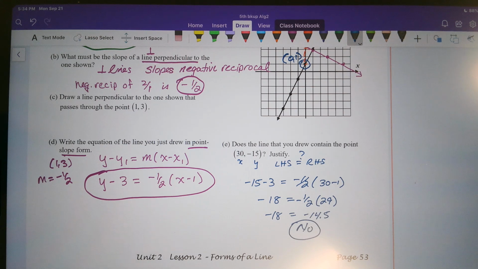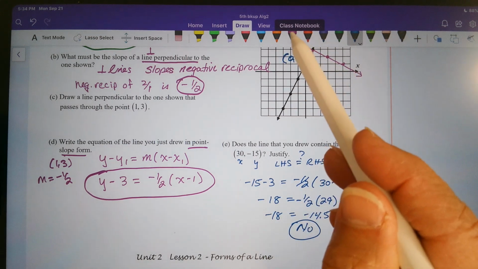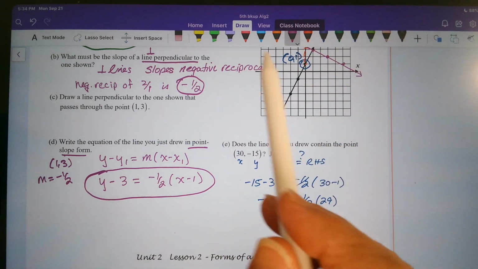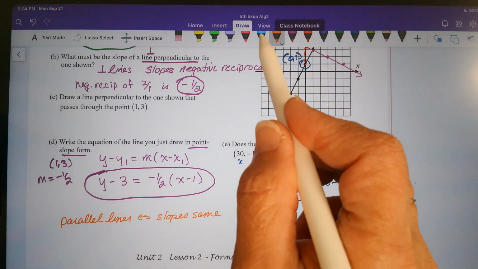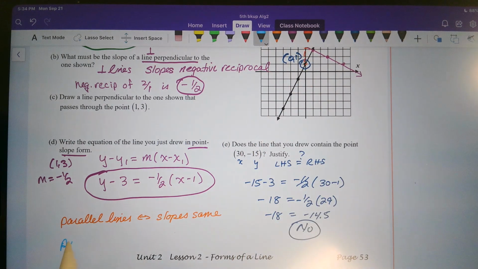And that concludes it. Let me just recall that when you're working with parallel lines, slopes are the same. Slopes are equal. They have the same slope when you're talking about parallel lines, whereas with perpendicular lines, the slopes are negative reciprocals.